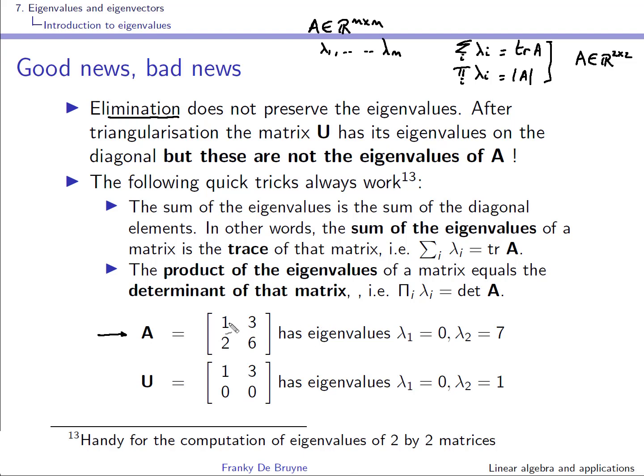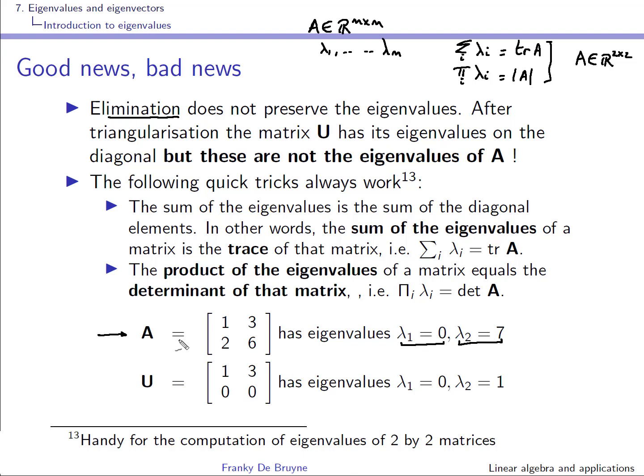This matrix is singular. You can see that column 2 is 3 times column 1. So you immediately know that there is an eigenvalue that is 0. And you know that the sum of the eigenvalues must be the trace, and the trace is 7 over here. So the second eigenvalue must be 7.